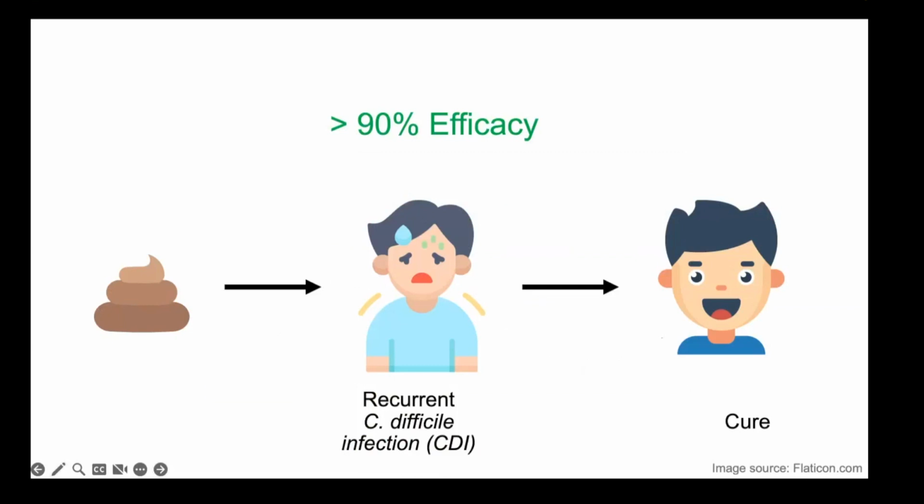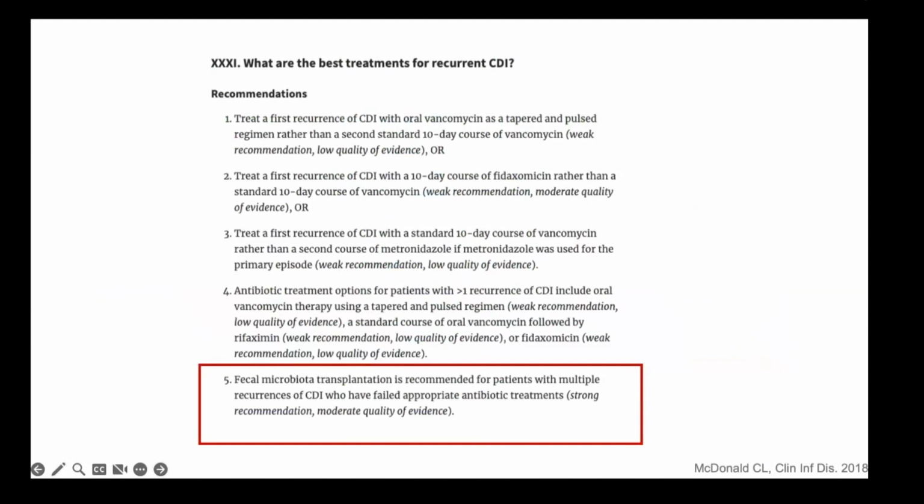Most of these studies have compared it to what was standard of therapy back then, which was PO vancomycin. Because of all of this data, it has now become an important cornerstone of the treatment of recurrent C. diff infection and is included in major society guidelines, including those produced by the Infectious Diseases Society of America and a number of European professional societies.